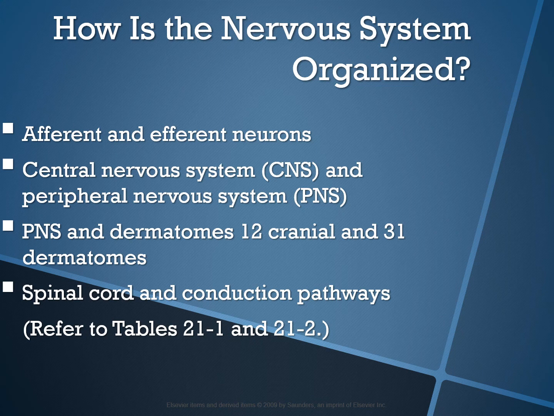So understand that the CNS, the central nervous system, is comprised of your brain and your spinal cord. Okay, and your brain is further divided into components that we'll get into. And then the PNS, the peripheral nervous system, that's throughout your body, that extends out from your spinal cord.